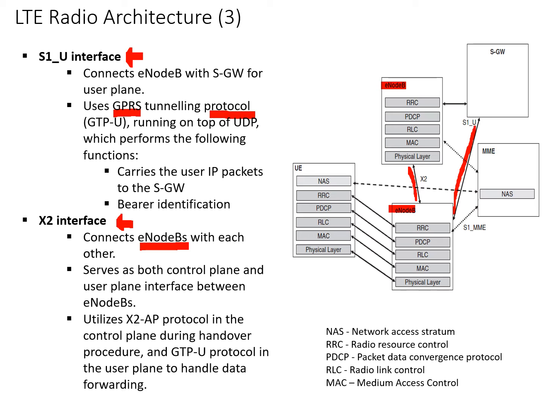What is important is that during handover, the E node B changes. So during the handover procedure, this X2 protocol is used. Also, GTPU protocol in the user plane handles data.